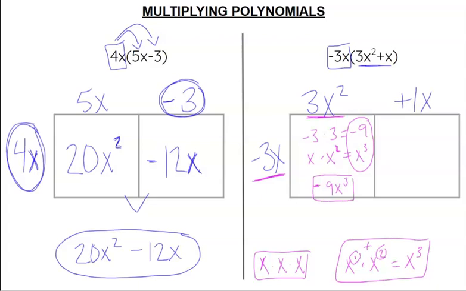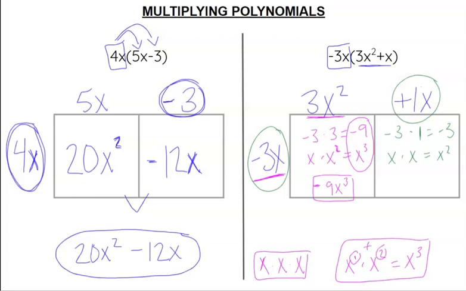Now that we've completed the first box, we move to the second box. So we're going to do negative 3x times positive 1x. So we do negative 3 times positive 1, which is negative 3. And then we do x times x, which is x squared.